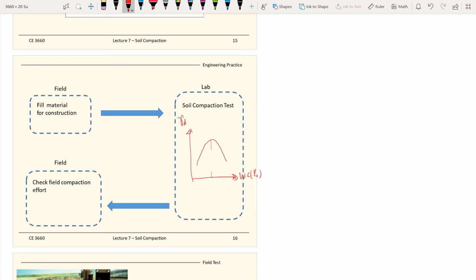So with this compaction curve, you can come up with the maximum dry unit weight and also the optimum water content.